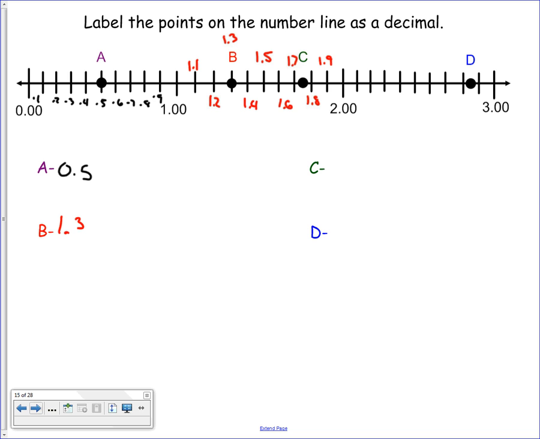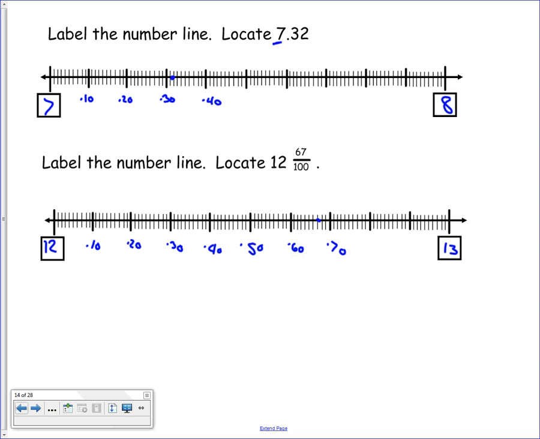C kind of looks green, so we'll use green. C is halfway between 1.7 and 1.8, so I would say it's 1.75. So think about it. If I was to zoom in between 0.7 and 0.8, like I did over here, I'd have 10 lines there.